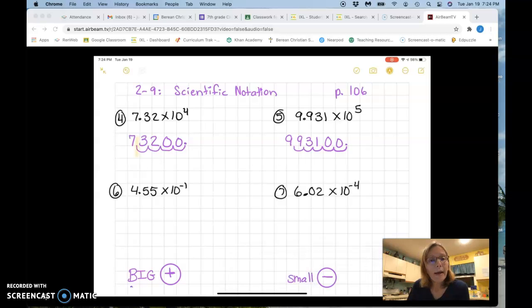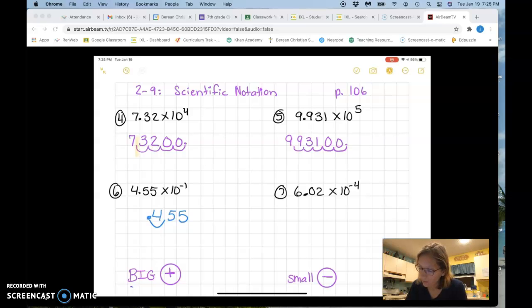So now I have a negative exponent. That means my decimal is going to go the other way this time. It's going to make a smaller number. So I'm going to write my number down, and then right where that decimal was, I'm going to move the opposite way 1 time because it's to the -1 power.